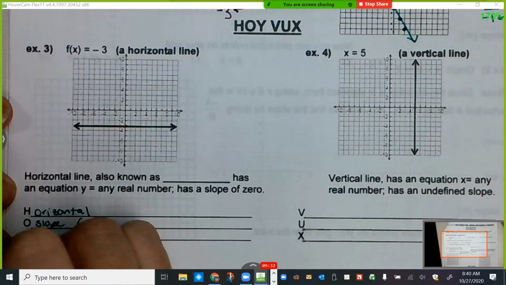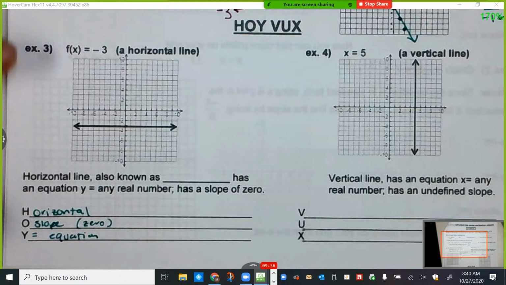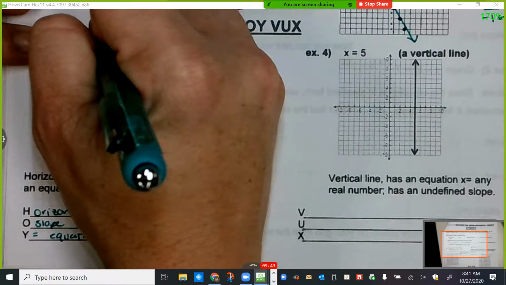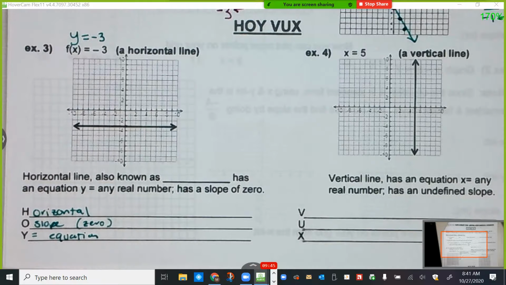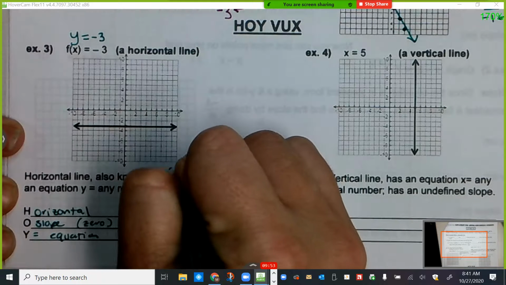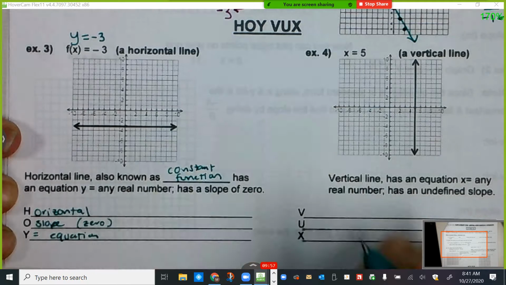And then it's a y equals equation. I know that says f of x, but isn't that the same thing as saying y? It's just a fancy way of saying y equals -3. So horizontal, 0 slope, y equals equation. It's also known as a constant function.